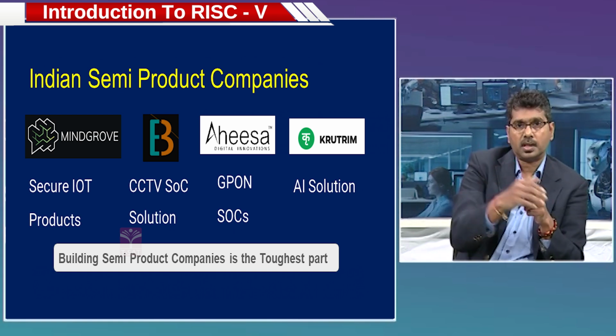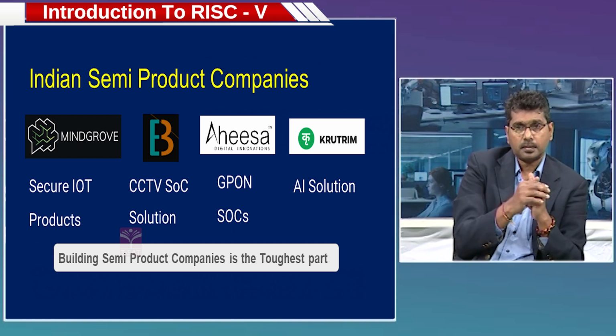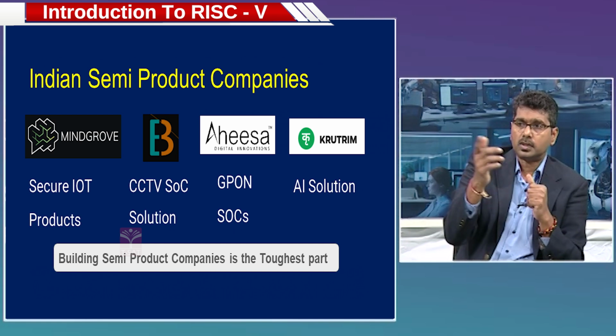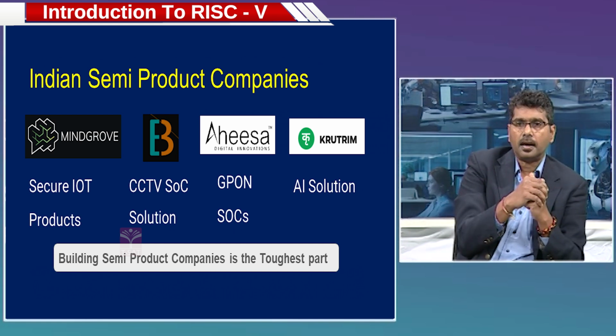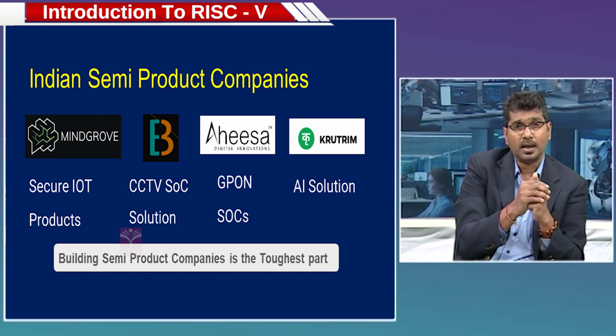This came out of the Shakti effort, and they have built a secure IoT product, and right now they are pursuing customers. The second one is called Big Endian, and they are building a CCTV SoC solution. CCTVs today are everywhere. Actually, India is one of the biggest markets for CCTV. But guess what?